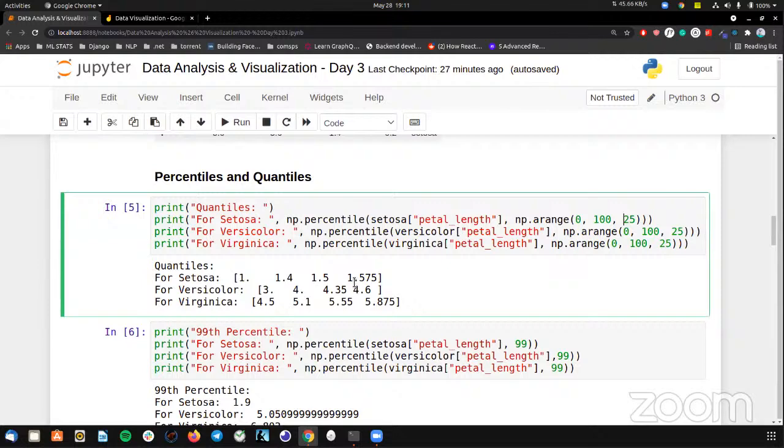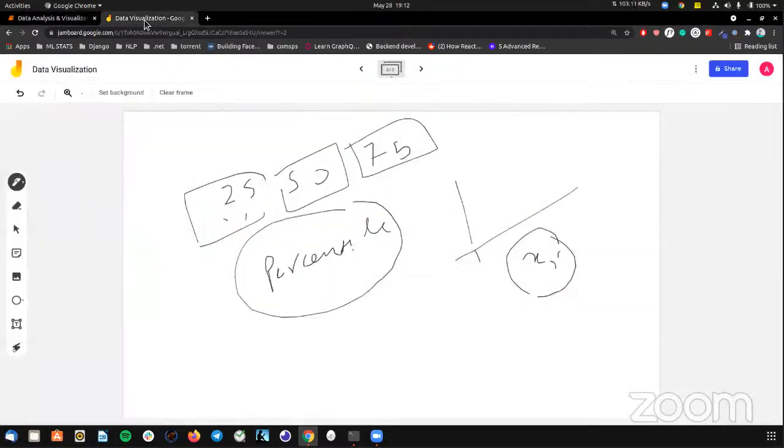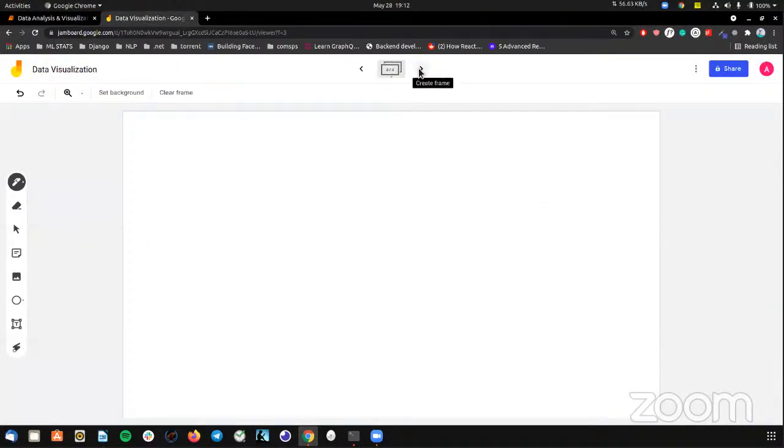So what I am saying here, let's try to understand in plain English. What is the median value here? 1.5, right? No, 0, 25. Let me confirm it. No, it will be like 0, 25, 50, and 75. That is how I believe NumPy calculates, not from 25 but from 0.